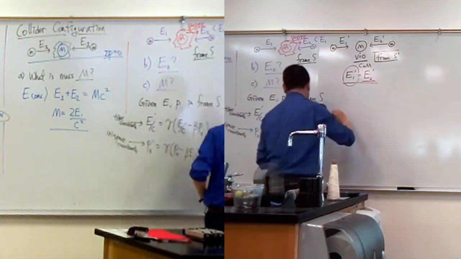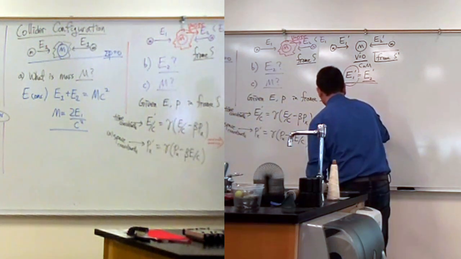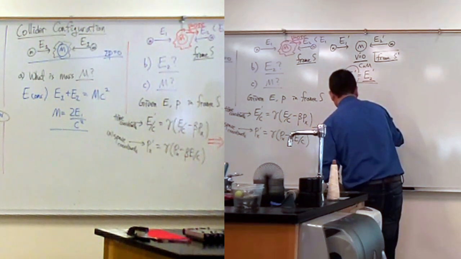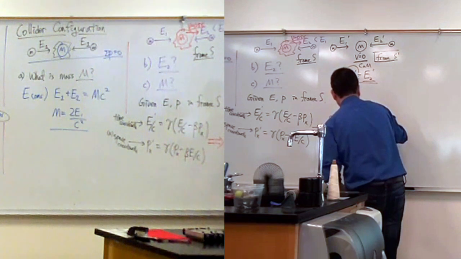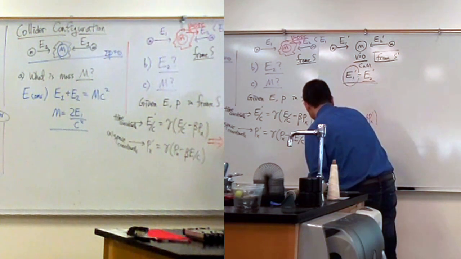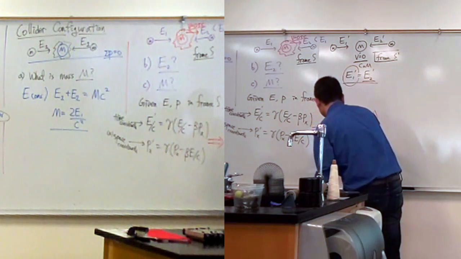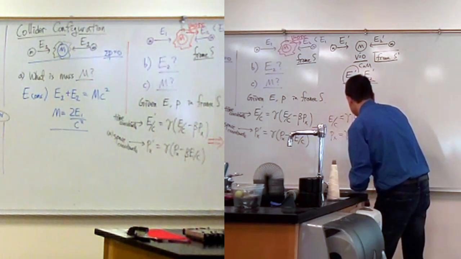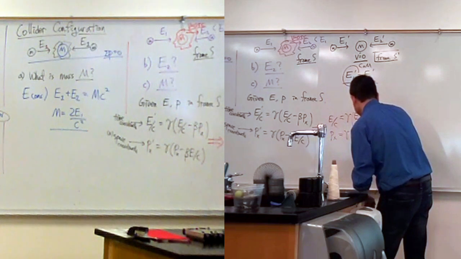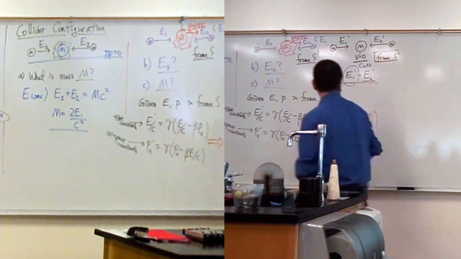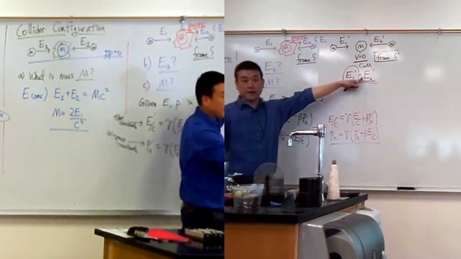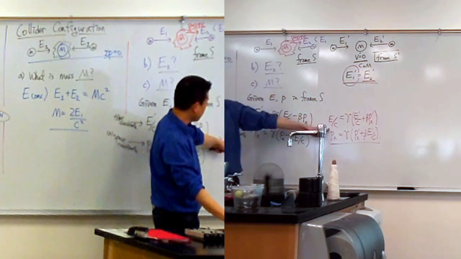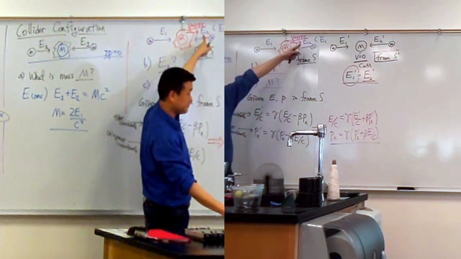E over C is equal to gamma times E prime over C plus beta Px prime, and Px is equal to gamma times Px prime plus beta E prime over C. So once you figure out E2 prime, write down the energy momentum 4 vector, put it through the reverse transformation to get what E2 is.